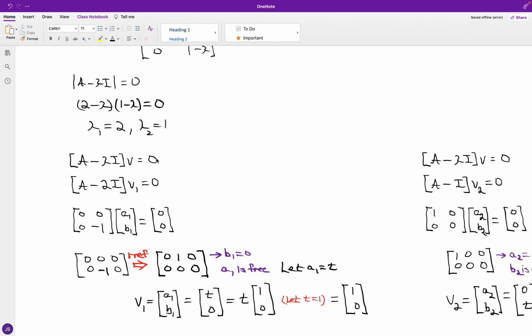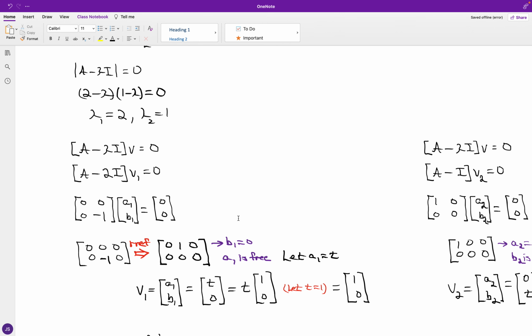Using the first eigenvalue, equal to 2, for A minus 2I we have [0, 0; 0, negative 1], with v sub 1 consisting of a sub 1 and b sub 1, and again we have our zero matrix. In augmented terms we have zeros across, 0, negative 1, 0 on the bottom, and in reduced row echelon form we have 0, 1, 0, and zeros across.